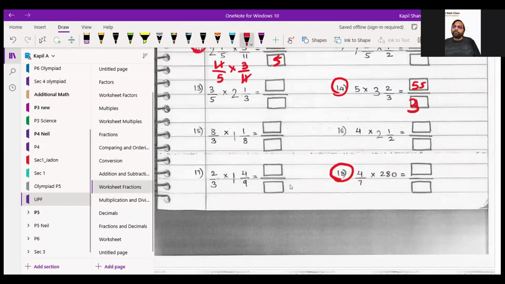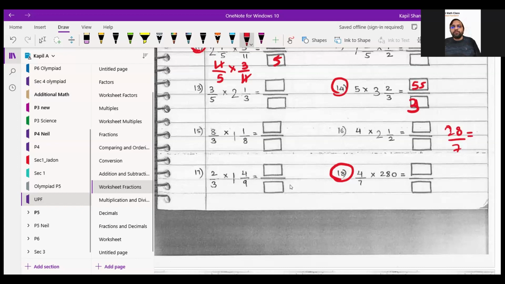What are you doing? What is 28 upon 7, Swastik? 28 divided by 7.